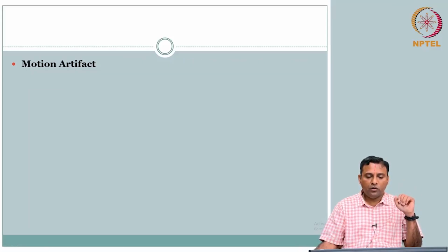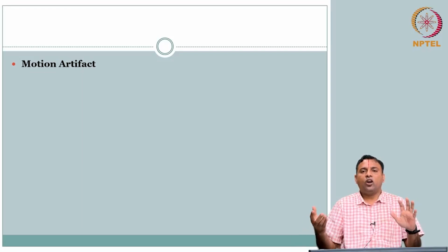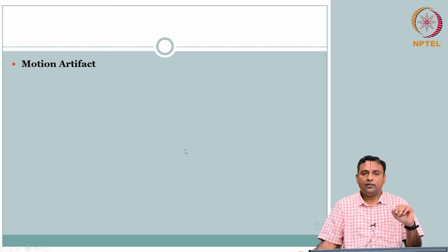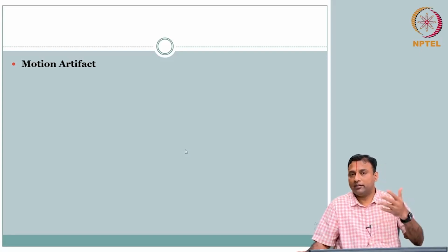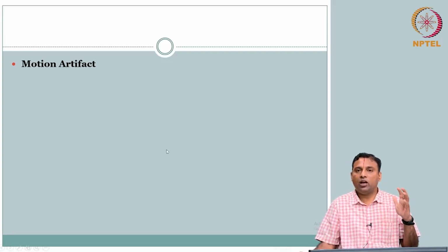Okay, so another common thing is your motion artifact. We talked about different generations, and at that time also I cautioned you. If you have motion during the data acquisition, you cannot do much. You are going to project that back, and so motion artifact is common.